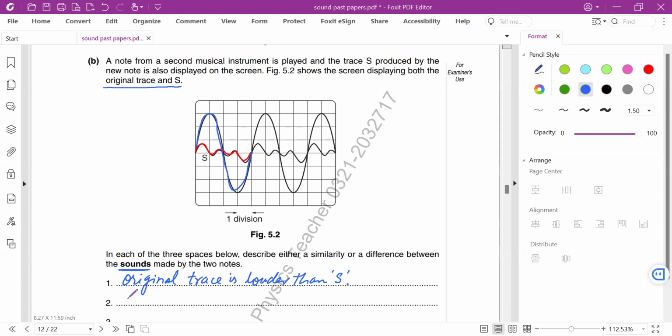The second difference is that the quality is different. Quality or timbre was already discussed.